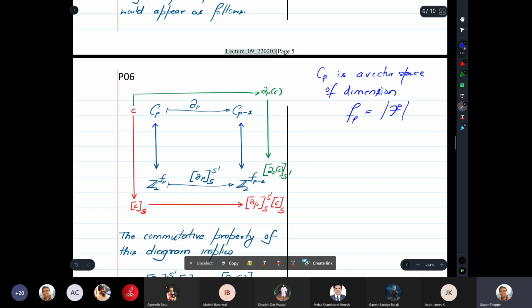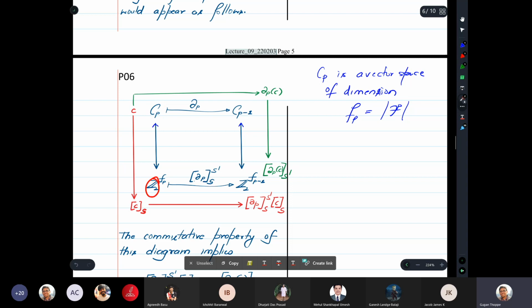So this is the set of all p dimensional faces. Little fp is the cardinality of this. So this represents the number of p dimensional faces, right? So this is the dimension of this space, right?